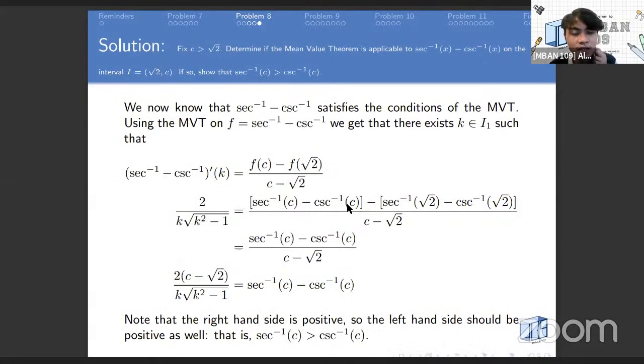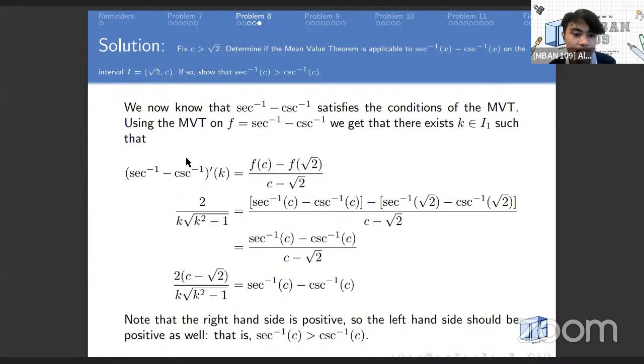Ayun. So we now know that the arc secant minus arc cosecant satisfy the conditions of MVT or the mean value theorem. Using the MVT on f is equal to arc secant minus arc cosecant x, in general, we get that there exists k in the interval I sub 1 such that the derivative nila ng arc secant minus arc cosecant ng k is equal lang din sa f of c minus f of square root of 2 all over c minus square root of 2.